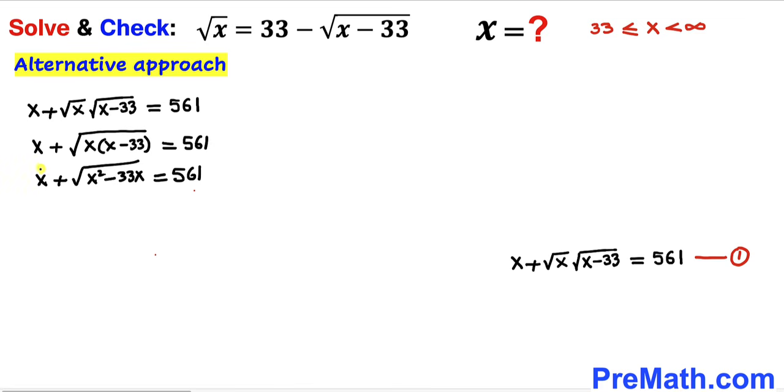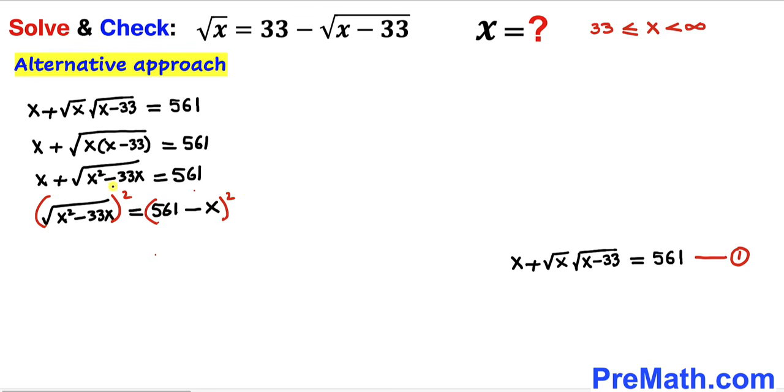And now I'm going to move this x on the other side. So therefore we ended up on the left hand side with x square minus 33 times x equal to 561 minus x.